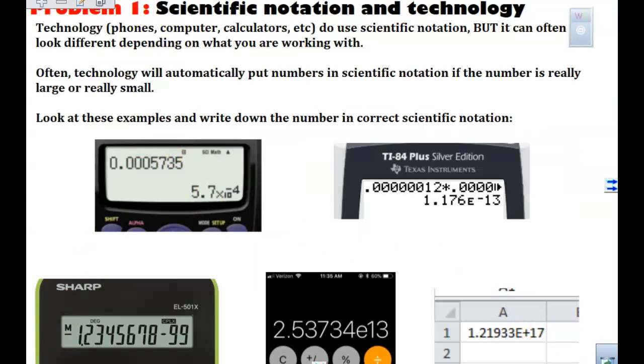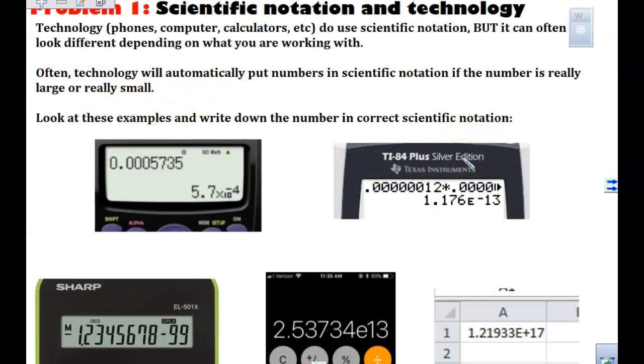So if you don't have a calculator and technology, like your phones, a lot of you have calculators on your phone, and if you turn it the one way, you can see the much bigger scientific calculator than just the normal one. You have computers and your calculators to use our scientific, but it is often very different depending on how it's working. Ms. Krenz and I were just talking about this.